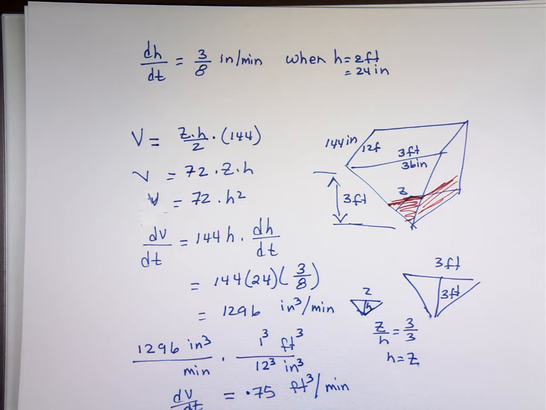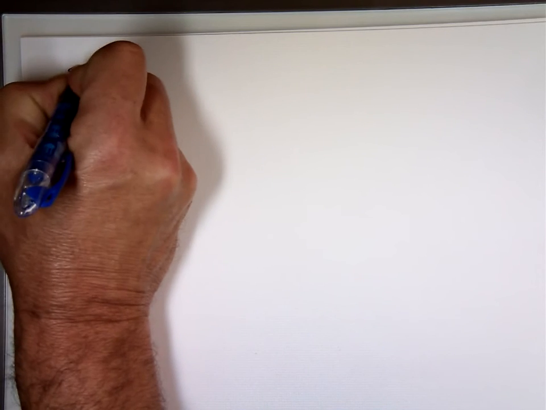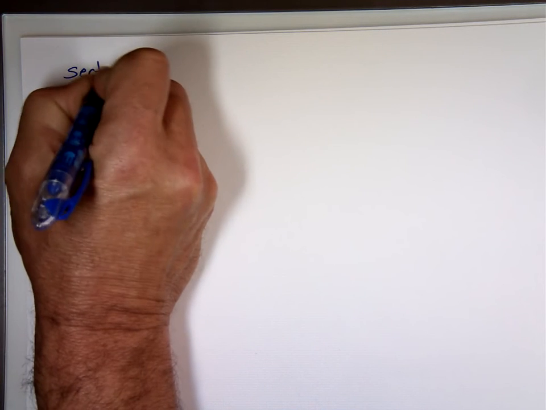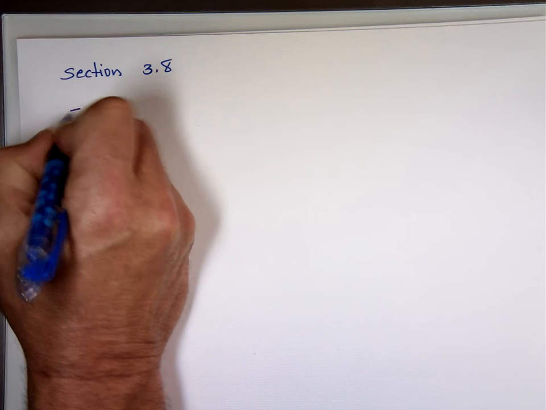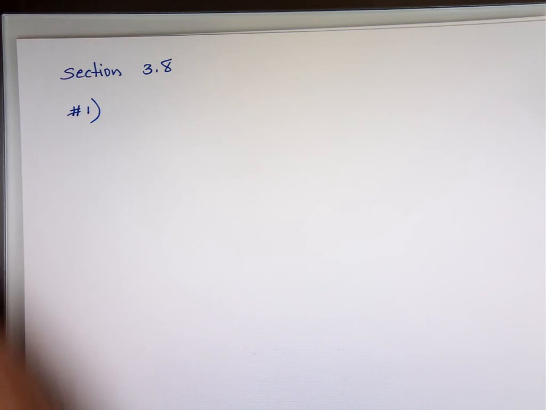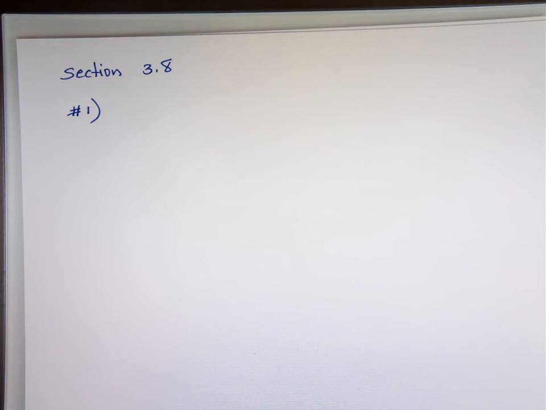Okay, while I'm in review mode, anything from 3.8? Yes, no? 1 and 5? Number 1 and 5. Any other ones besides 1 and 5 while I switch the computer to homework 8?